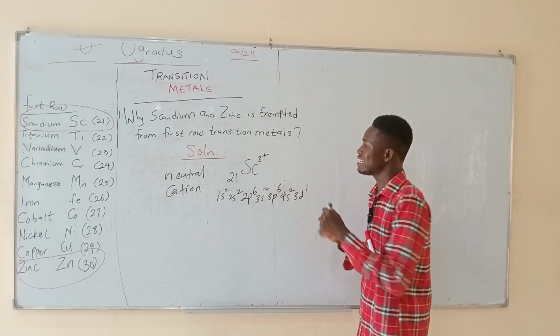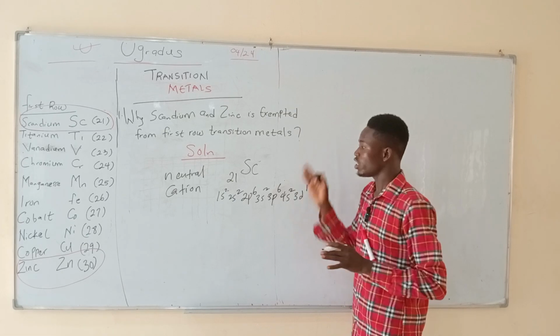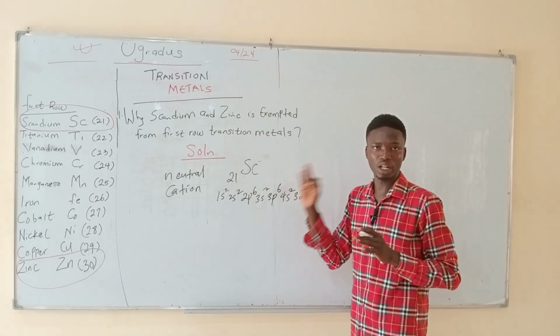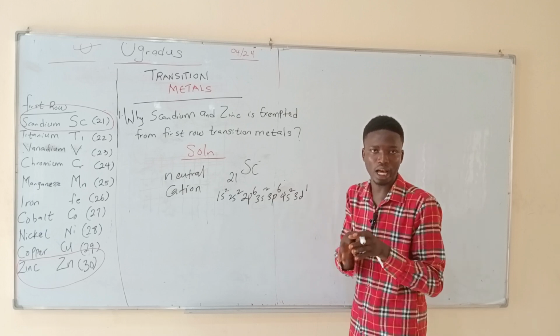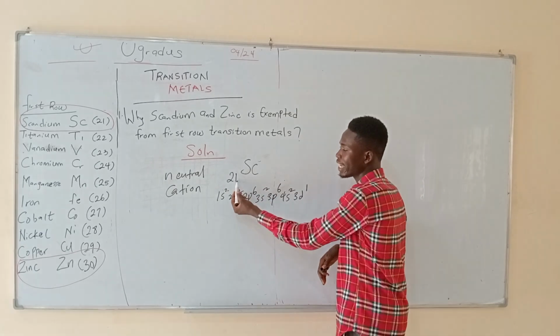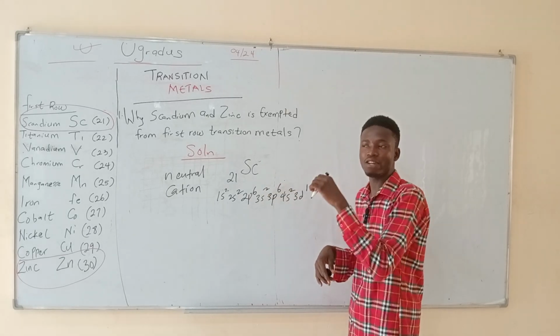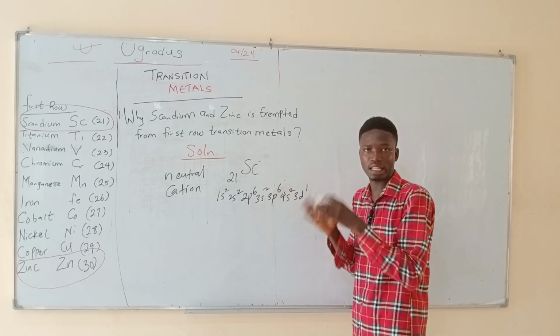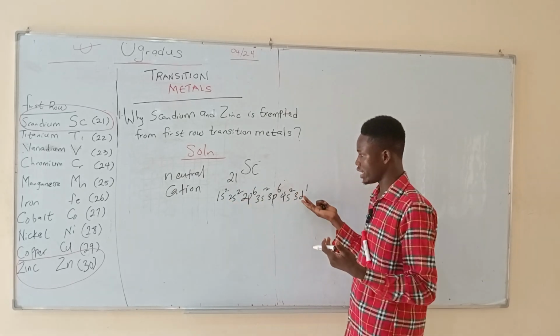So normally, when scandium is not in an oxidation state, it is supposed to have 21 electrons, because at neutral state, all elements have the same number of protons and electrons. So even though this 21 indicates the atomic number or proton number, we can also use it to depict the electron number of scandium. So scandium at neutral state has 21 electrons, configured this way.